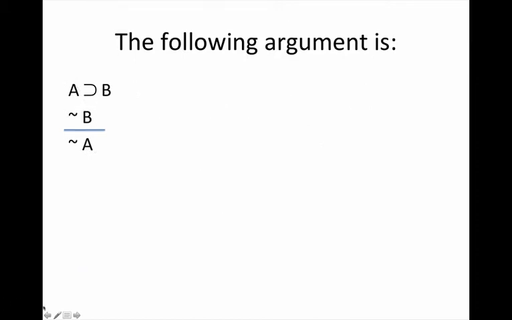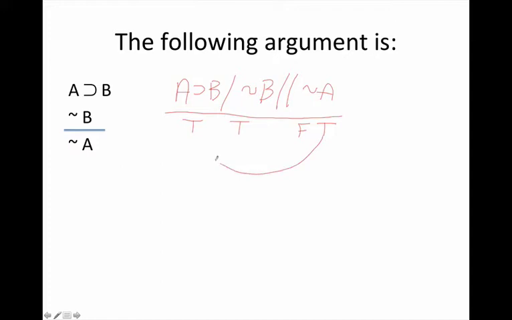Contrast that with Modus Tollens, aka denying the consequent. When we try to make this argument invalid, we're going to run into trouble.